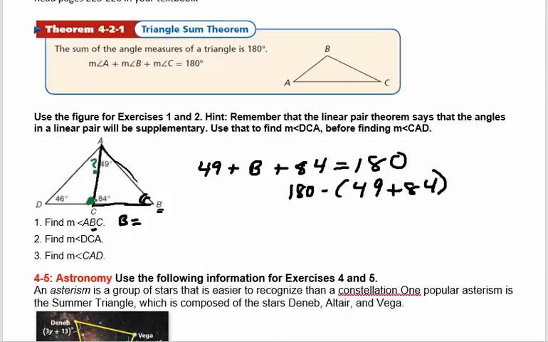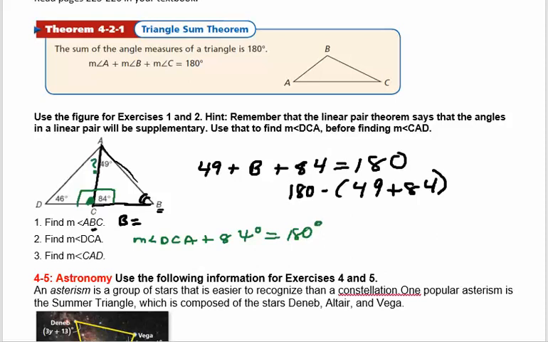But remember that a linear pair is supplementary. So these two angles together, the 84 degrees plus angle DCA, are equal to 180 degrees because they make a straight line. So the measure of angle DCA plus 84 degrees is equal to 180 degrees. We can use that to solve and find the answer for number 2.